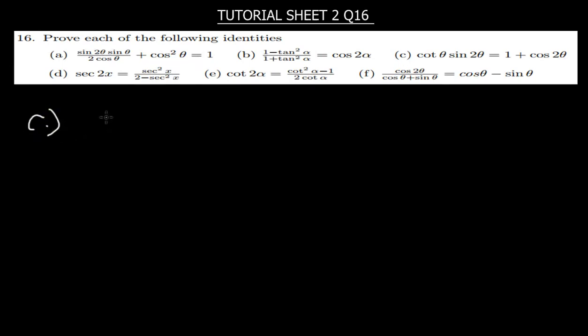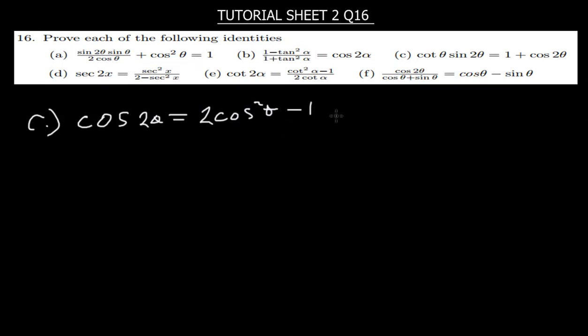For C, you first need to keep in mind that this 1 plus cos 2 theta can be gotten from the double angle formula for cos theta. So we know that cos 2 theta is given by 2 cos squared theta minus 1.